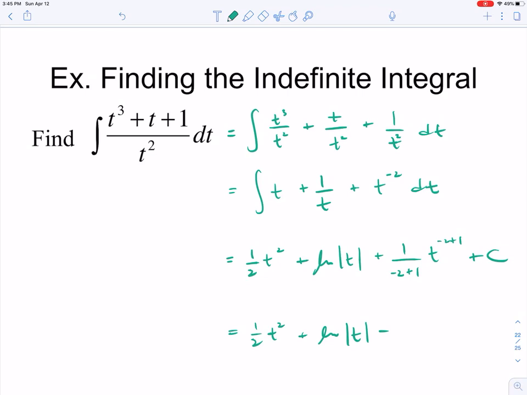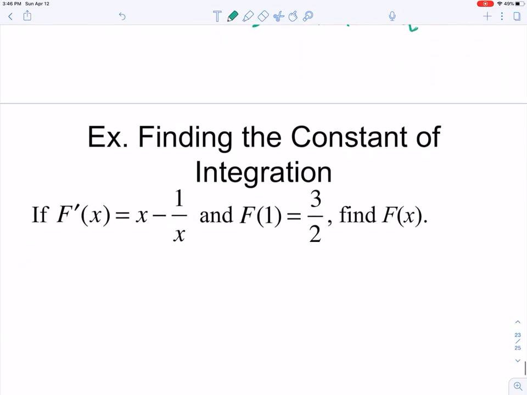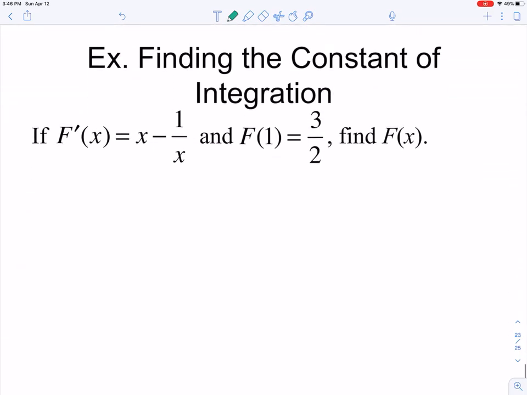And then just simplifying. That'll be minus t to the negative first power, which can also be written as 1 over t, plus c.